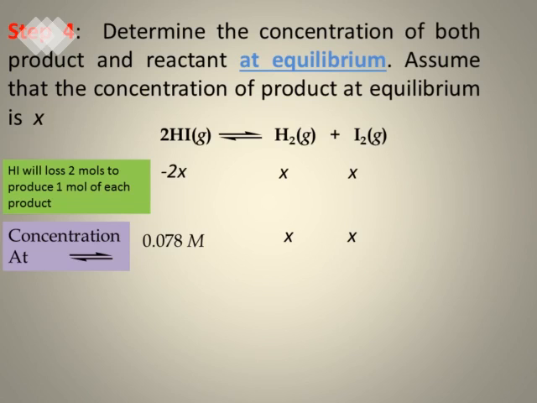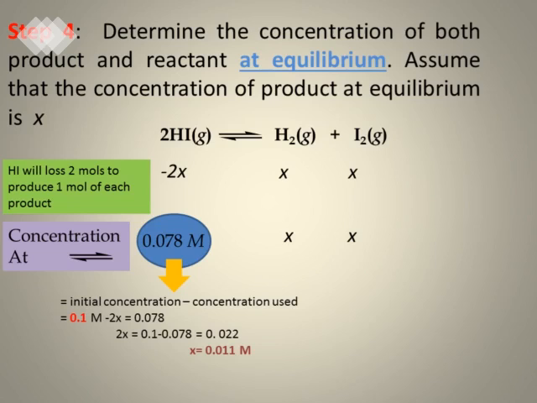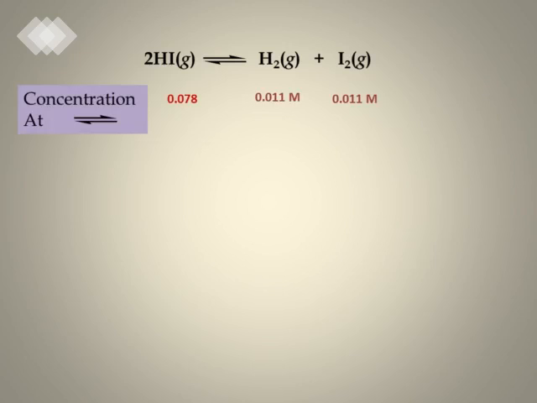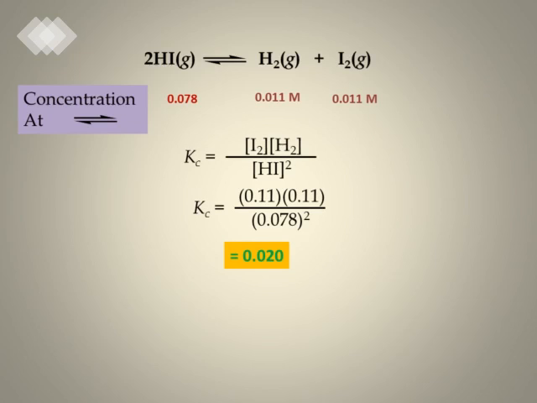And therefore, we get the value of x is equal to 0.011 molar. Then, the concentrations at equilibrium now are as following. And we use these values in the Kc expression. And we get 0.020.